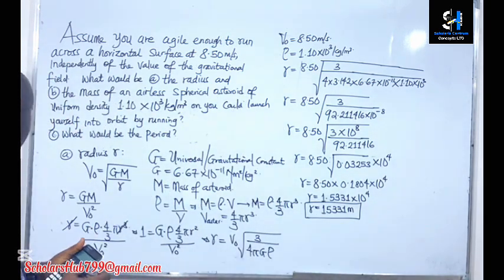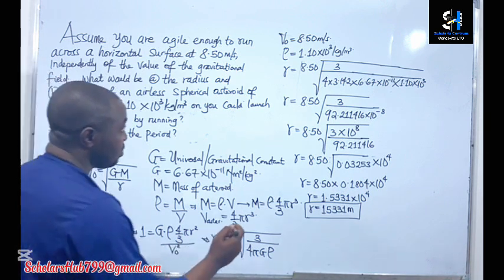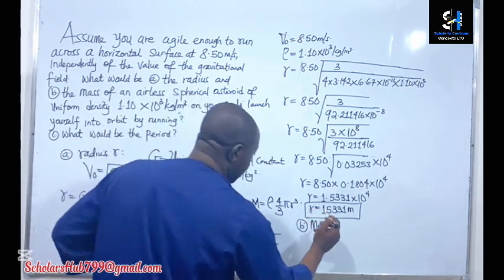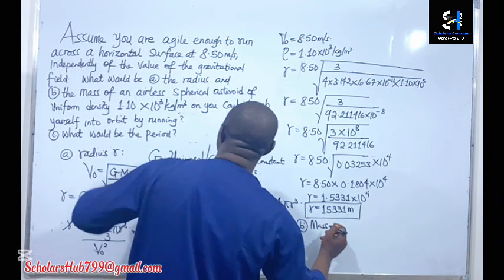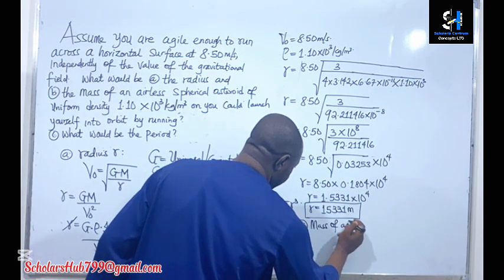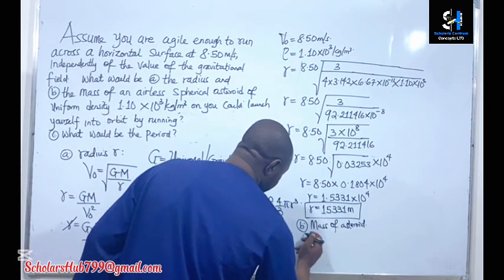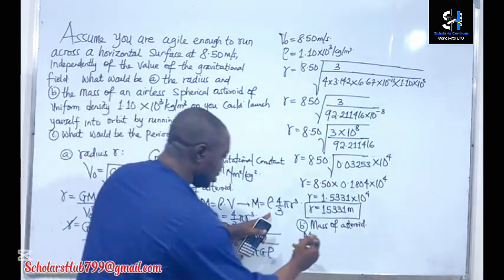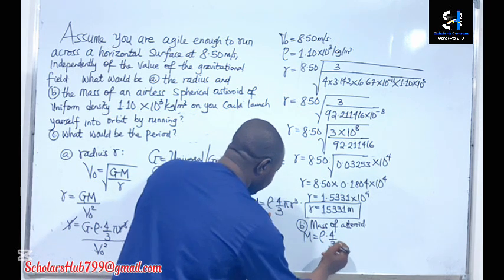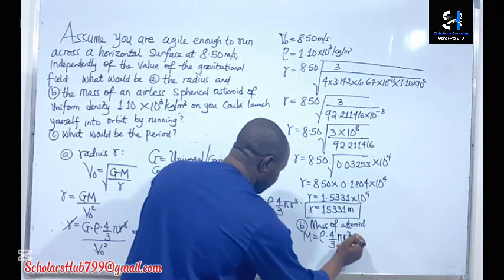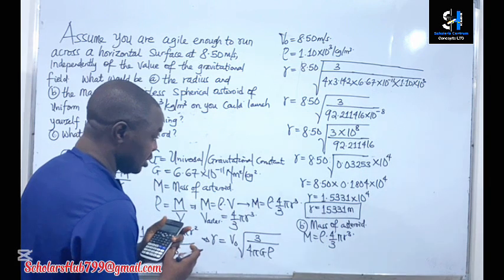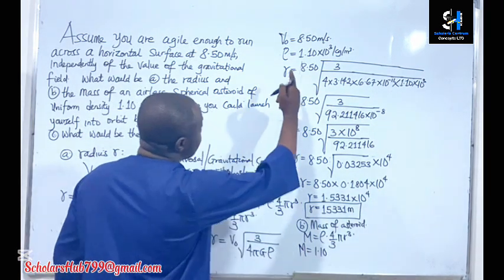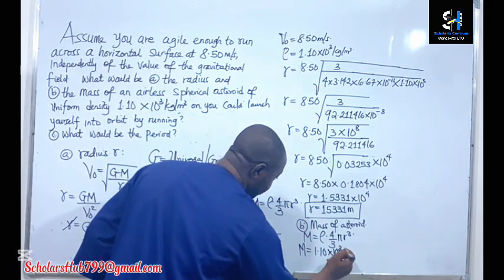Now the second question is to calculate the mass of the spherical asteroid. The mass of the asteroid is the density multiplied by 4/3 pi r cubed. So the mass of the asteroid will be 1.10, which is the density, times 10 raised to the power of 3.